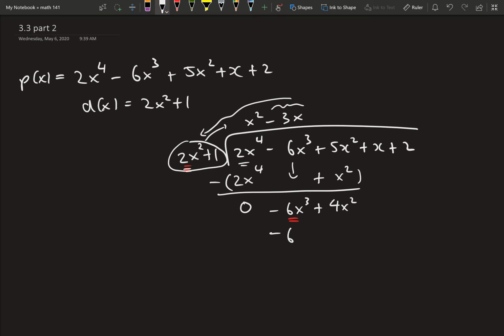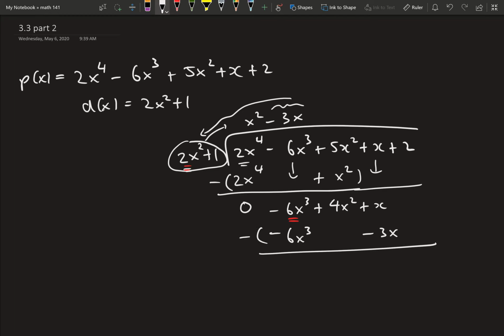And so we get minus 6x cubed minus 3x. And again here, notice that this minus 3x is not an x squared term. So hence, it's best to actually drop this next term down simultaneously.